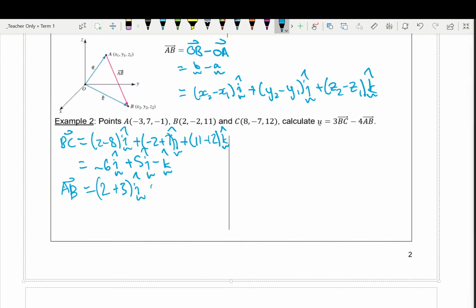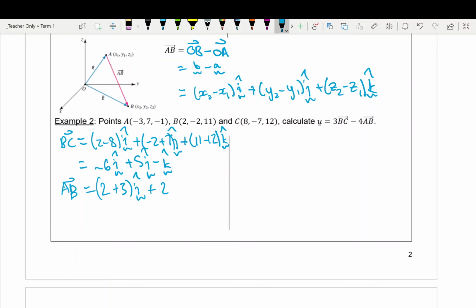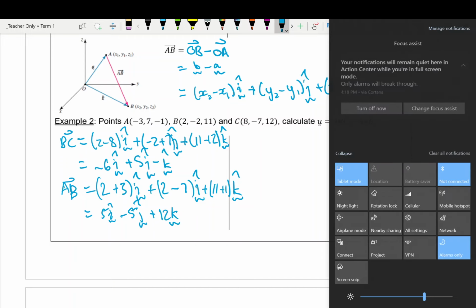We're going to get plus 2 take 7 j, plus 11 plus 1 k, which gives us 5i - 5j + 12k. I just want to check my BC. Did I do O to C take O to B? No, I didn't. So these should all be the other way around.